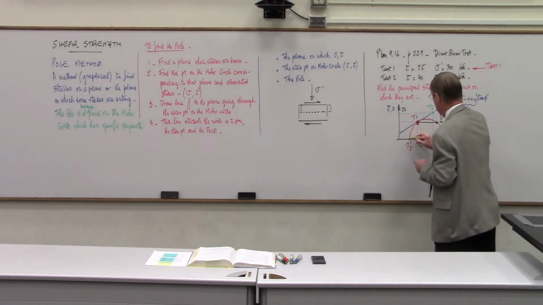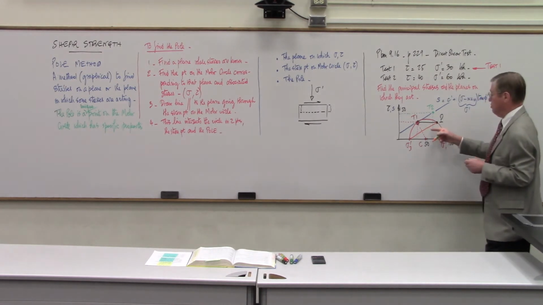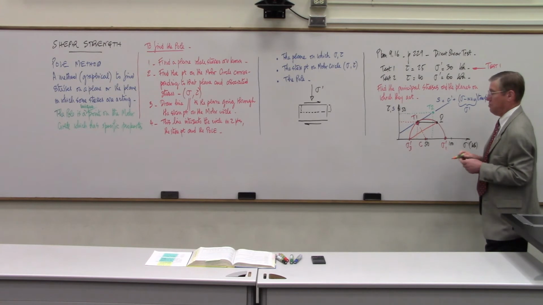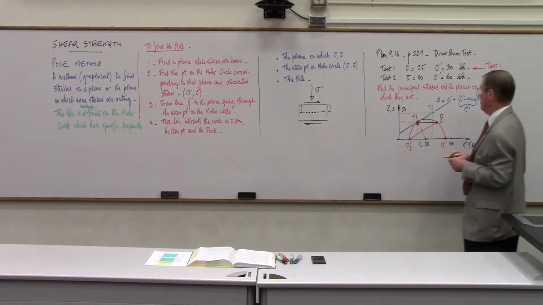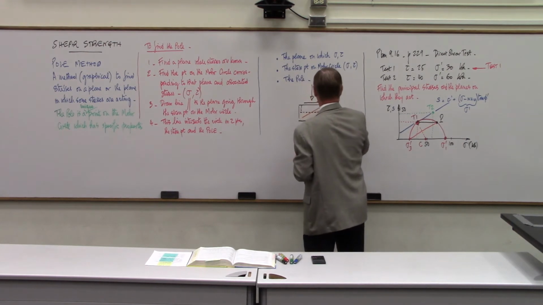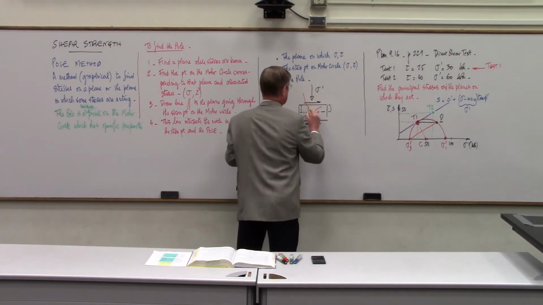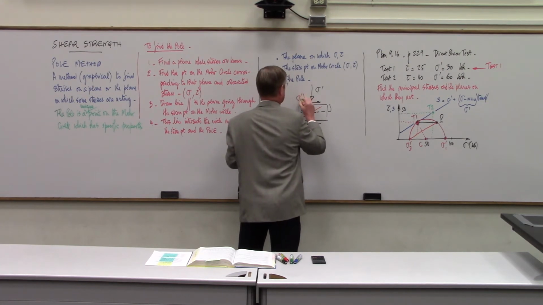So if I draw that line, then I know that that line is parallel to the plane on which sigma prime 3 is going to be acting.